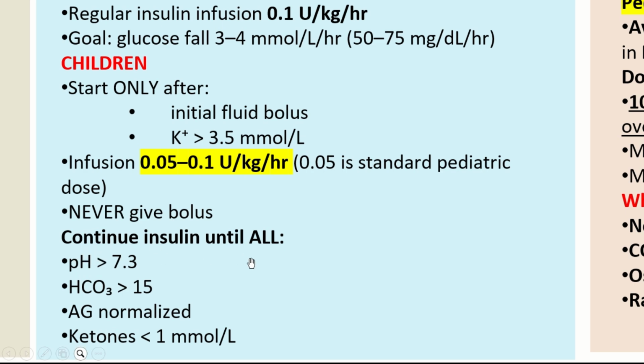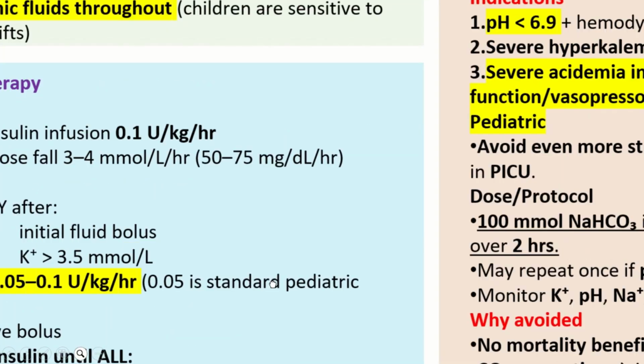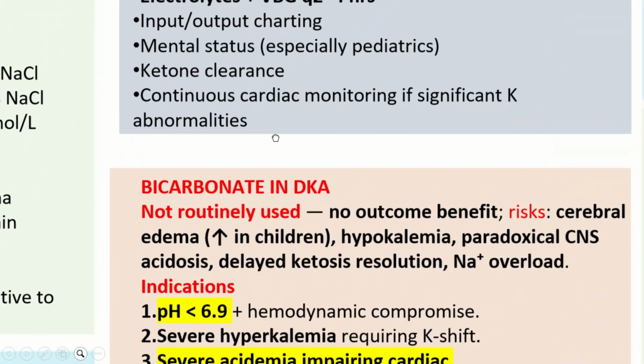Then you want to continue insulin until you have a pH greater than 7.3, until you have bicarbonate greater than 15, and the anion gap has been normalized, as well as ketones less than 1 millimole. And most of the time in resource-limited settings, they rely on the ketones. You are going to treat until you have suppression of ketosis, until you have no ketones detectable in urine on the glucose stick.